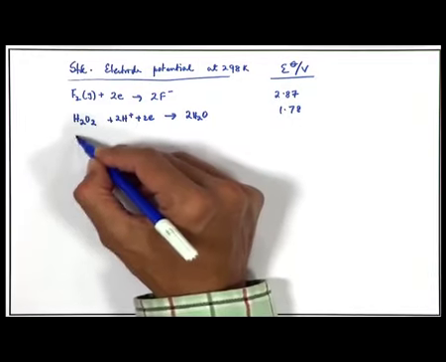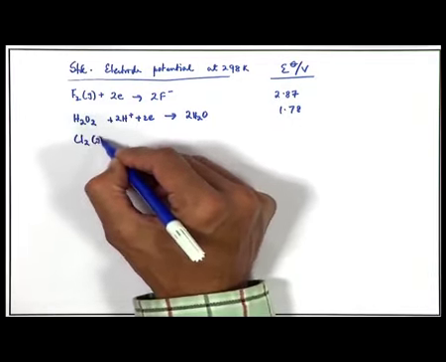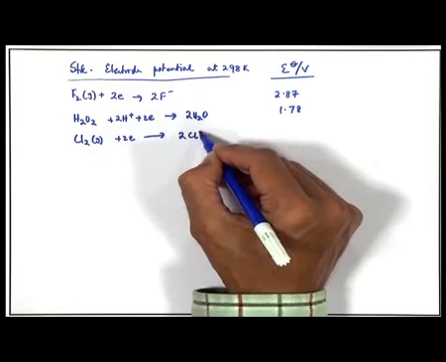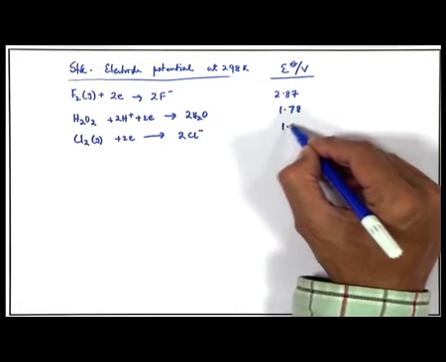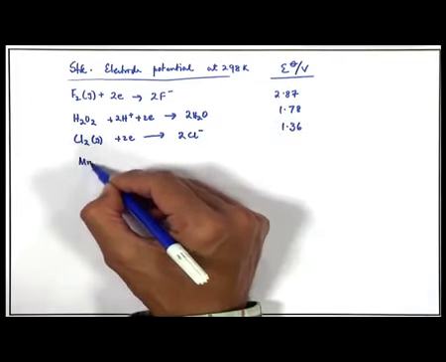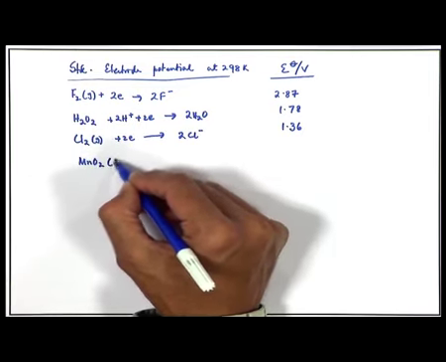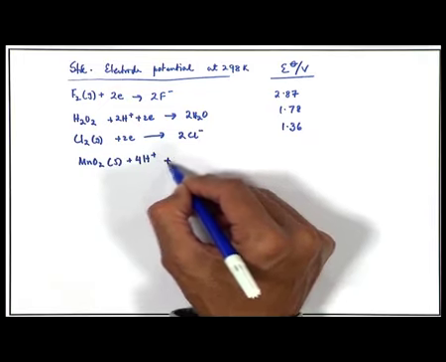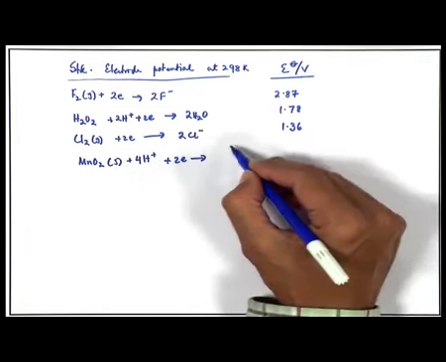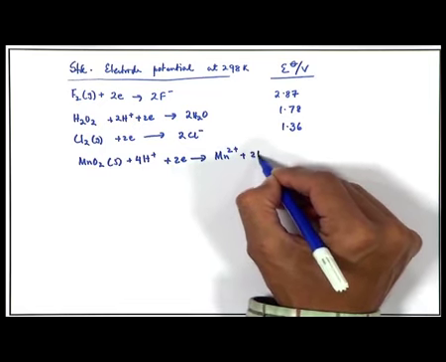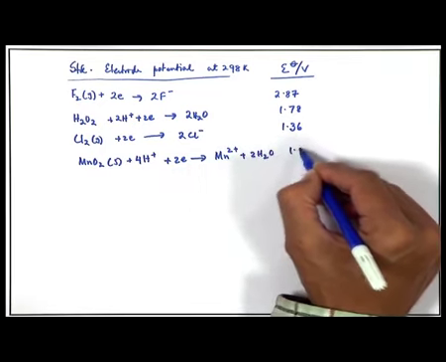Cl2 plus 2 electrons gets you 2 Cl minus, its value is 1.36 volt. MnO2 solid plus 4 H plus plus 2 electrons gets you Mn2 plus plus 2 water, its value is 1.23 volt.